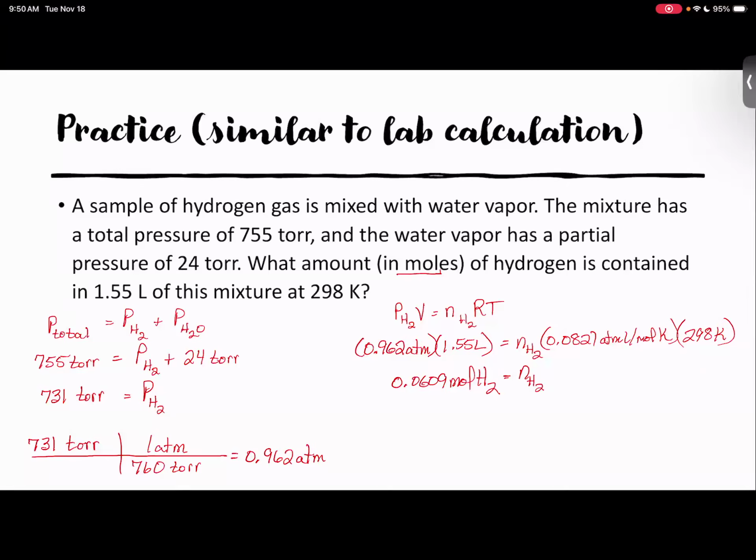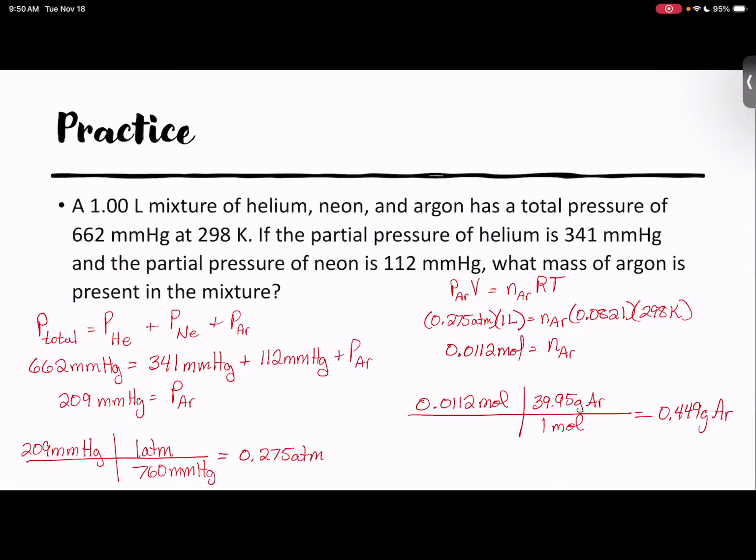I want to back up to the previous question briefly, because I want you to note this is the process you used yesterday. You used Dalton's law of partial pressure to figure out the pressure of oxygen gas.